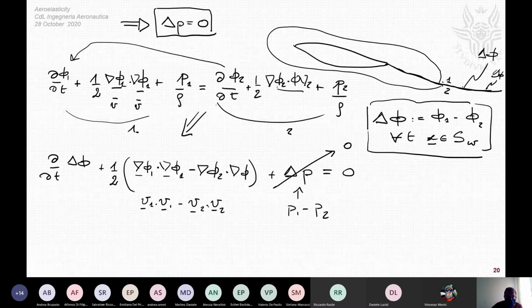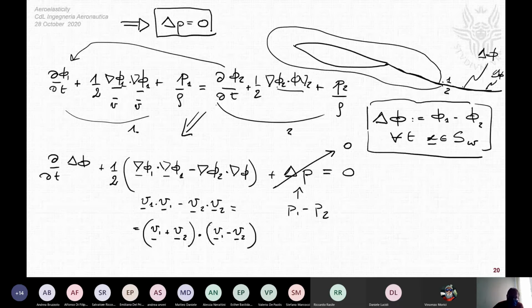And look, this quantity is something like a generalization of the famous rule of algebra for the product of the sum and difference of two quantities. If you develop this scalar product, you have exactly this, because the mixed terms cancel.